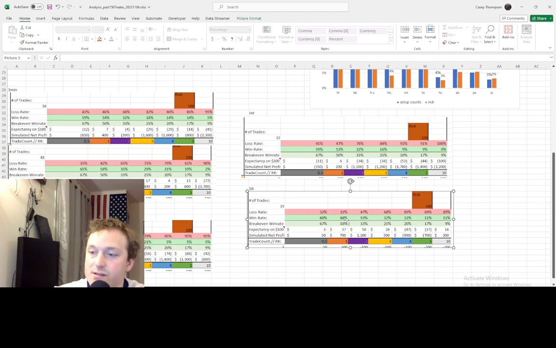Almost 70% of trades go 1-to-1. That's phenomenal. Anyways, 2-to-1's even better. 53% go 2-to-1s, which means it's a greater expectancy because you're getting 2-to-1 on it. I think 2-to-1s are the way to go for breakouts.